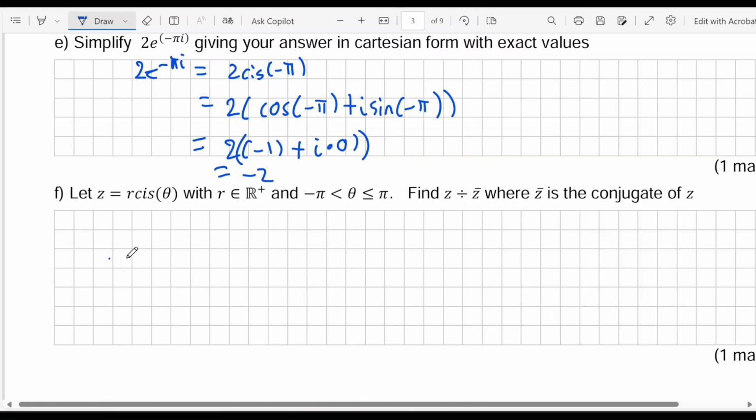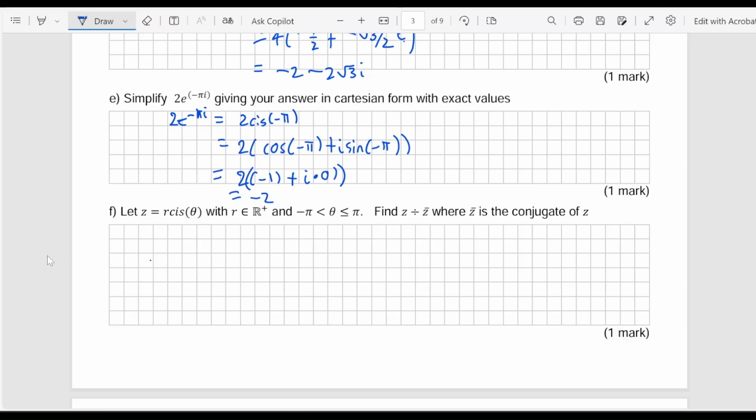Let z equal r cis theta, find z over z conjugate. So z is r cis of theta. z conjugate is r cis of minus theta.